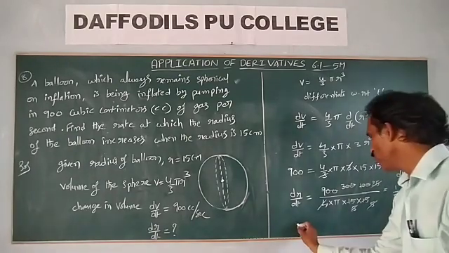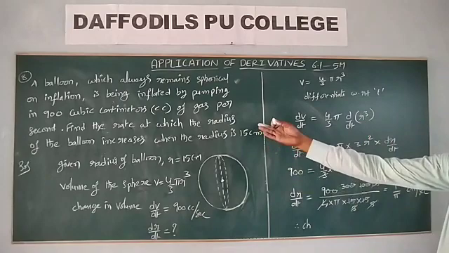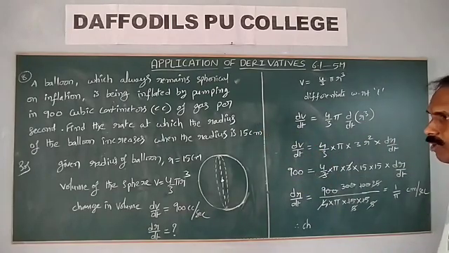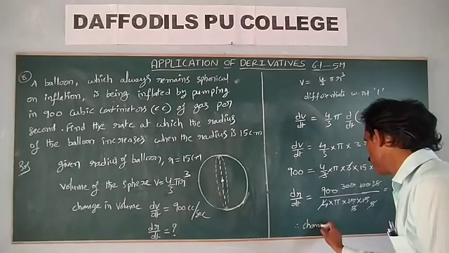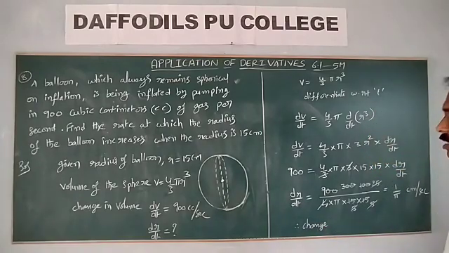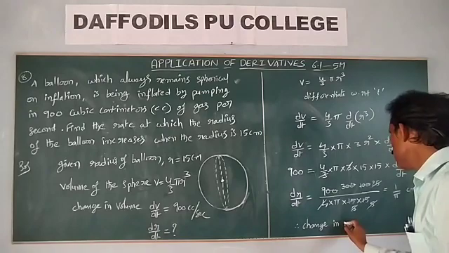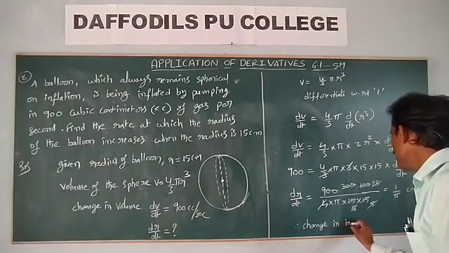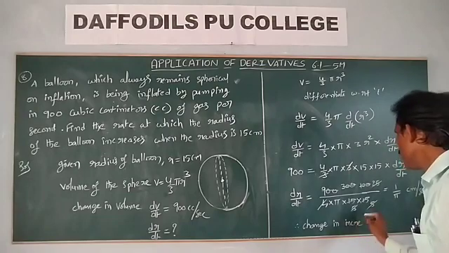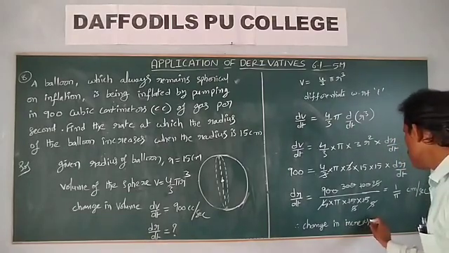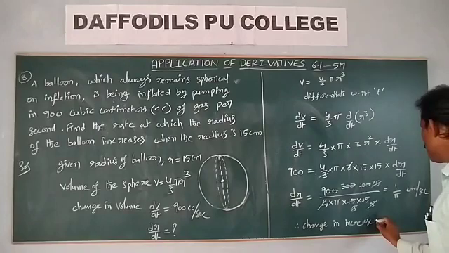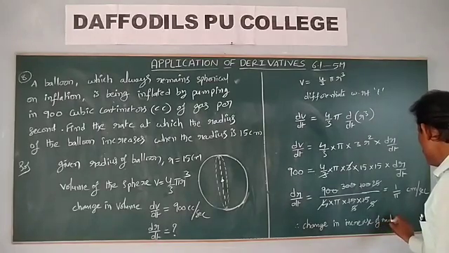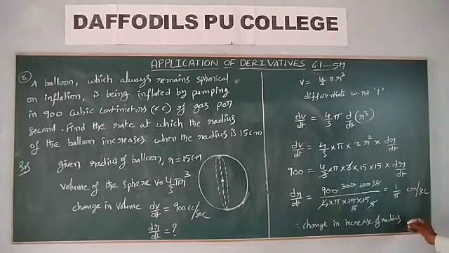Finally, write: they ask to find the rate at which the radius of the balloon increases. Therefore, the increase of radius is equal to 1 by pi centimeter per second.